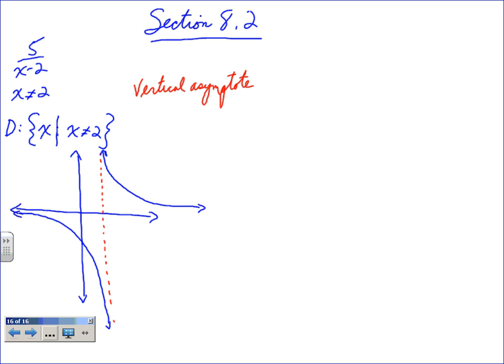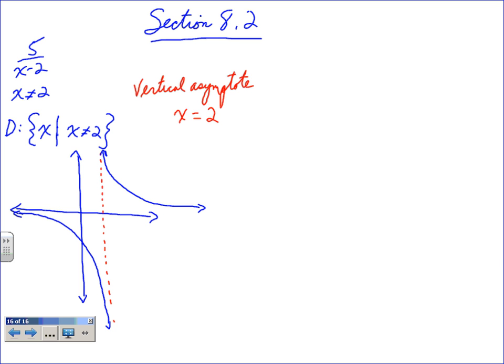We'll talk about the x-axis in a minute. Sometimes they do, sometimes they don't. But in this particular case, they do not cross the x-axis. All right. Vertical asymptote. And we can say our vertical asymptote is at x equals 2.